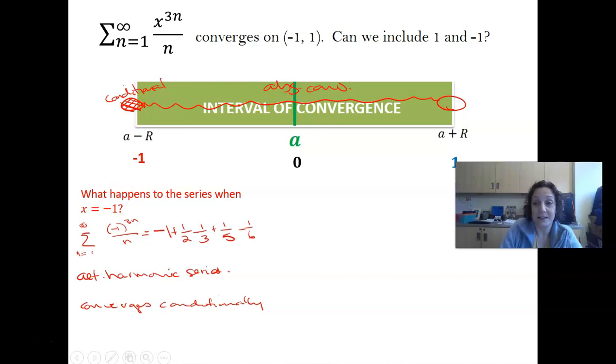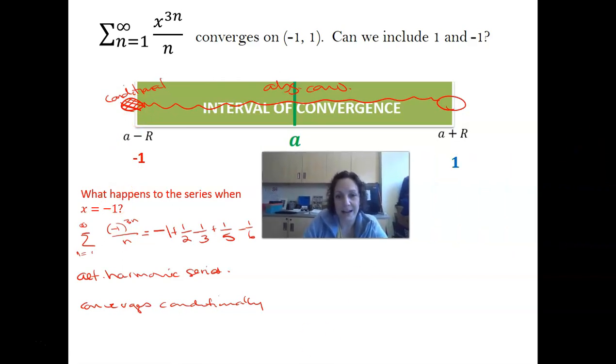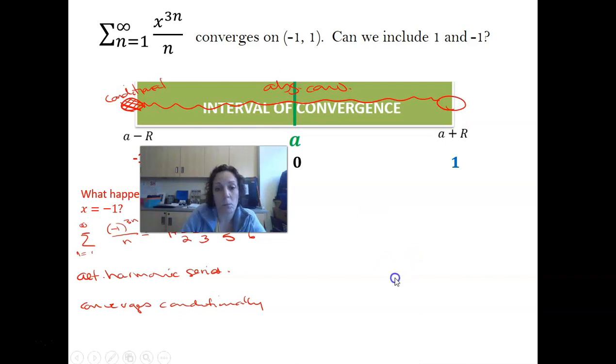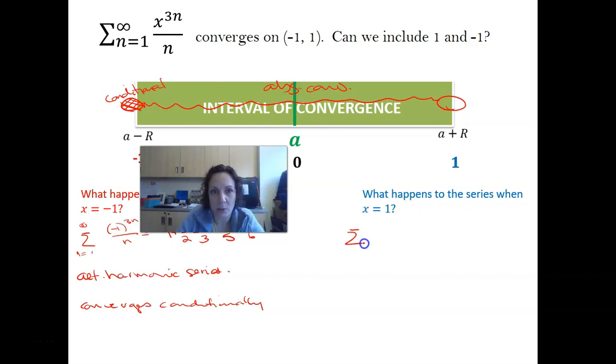Okay, let's see what happens at 1. What happens on the other end? Can I plug in 1? When I take my series and I plug in 1, I get 1 to the 3n over n. So I get the series 1 over n. That's the harmonic series, and it diverges.